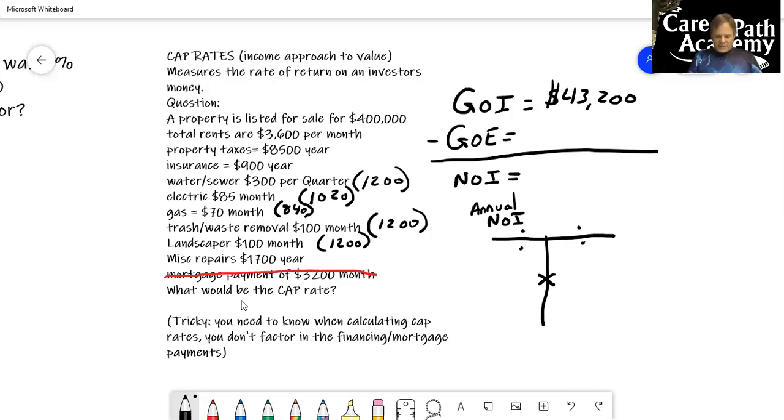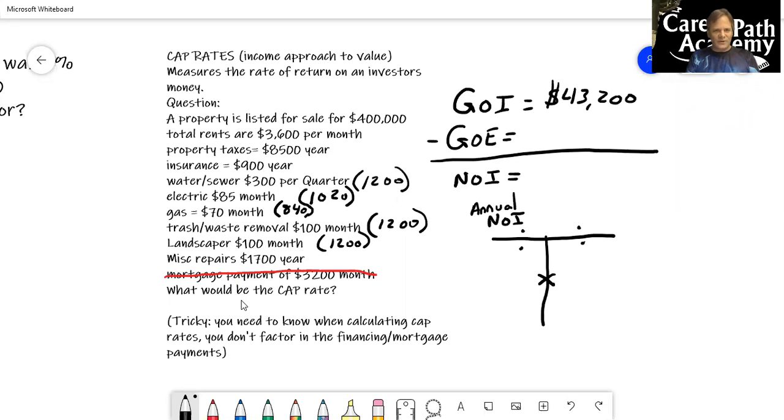And the gross expenses, well, we got to add everything up. So we got to add up $3,600 plus the $8,500 plus $900 a year for the insurance. No, not with the 3,600. Oh, you're right. You caught me. Thank you. You got to pay attention to the numbers. So I screwed up there. It's $8,500 a year for the property taxes.